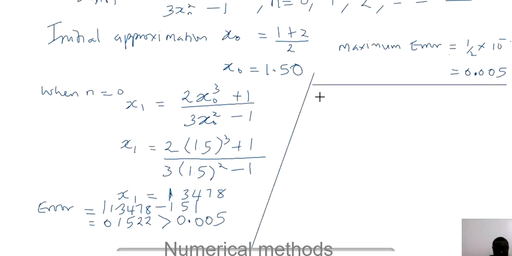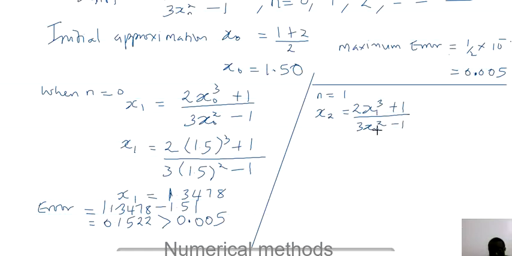Now next we are going to have smaller n being equal to 1. Remember, here we started with 0. So when smaller n is equal to 1, we are substituting in that very formula. We shall get x2 equal to (2xn power 3 plus 1) divided by (3xn power 2 minus 1). This is x1.